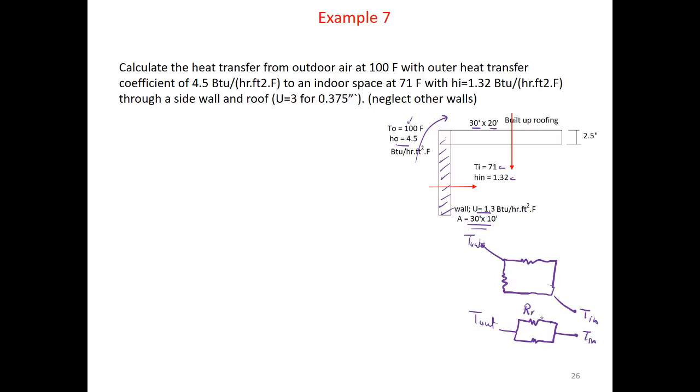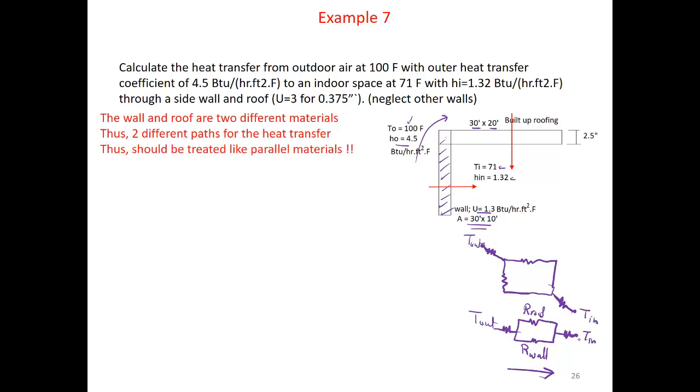This is our roof and R for the wall. So you can find each resistance, find the total, and then find the heat transfer rate, Q, because we have the two temperatures. Also we have, I forgot about these, the outdoor thermal resistance and the indoor thermal. Okay, so that's the first method that I'll be using.